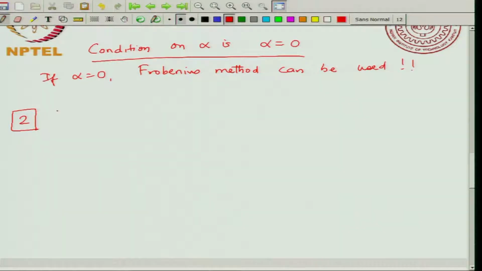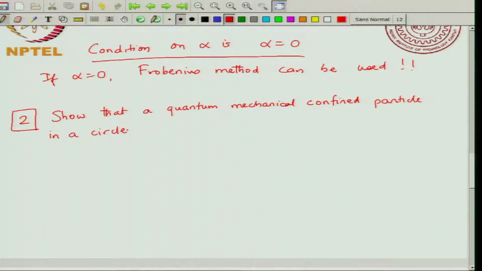Show that a quantum mechanical confined particle in a circle satisfies Bessel equation. So, particle in a circle.